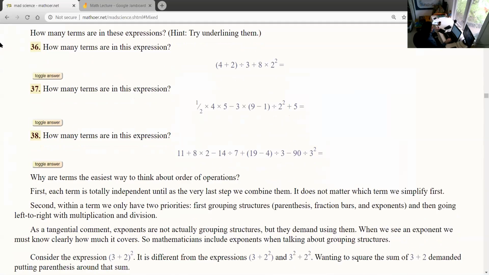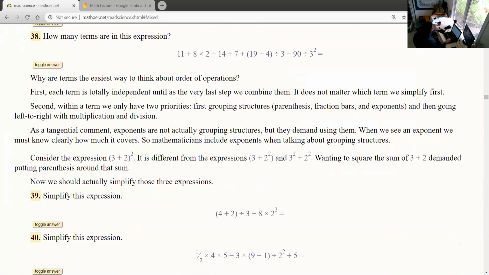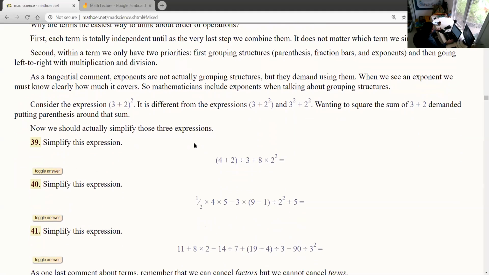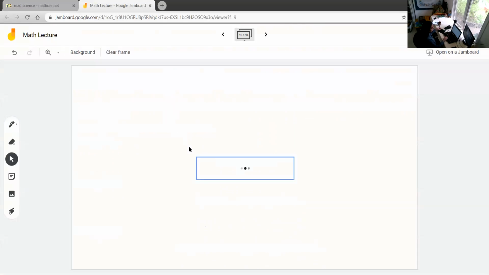So why we care about these is the terms are completely independent until we finally put them together at the end. So let's show you what that's like. Here's the same three problems we just did.